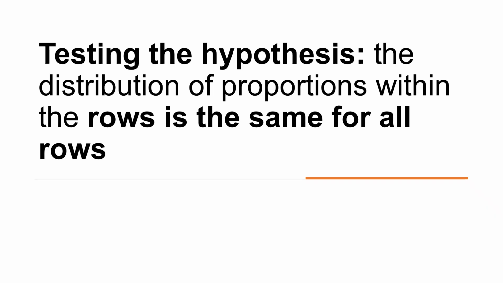You can think of it like the distribution of proportions in row 1 is the same as that in row 2, is the same as that in row 3, and so on, with the alternative being that the distribution of proportions within rows is not the same for all rows. When you think of homogeneity, a really good way to conceptualize it is to think about survey data if you were getting information back.